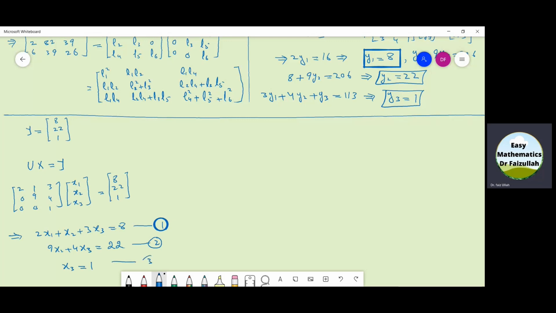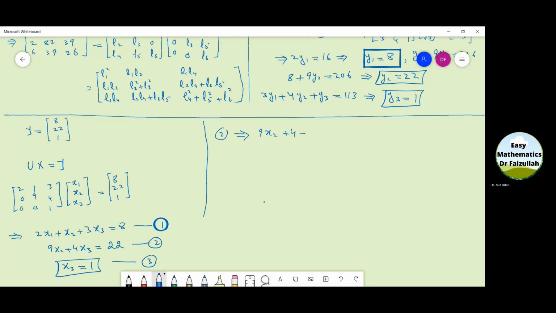Let us say this is equation number 3. So now from 3, we have the value of x3. Therefore, putting this value in 2, we have 9x2 plus 4 is equal to 22. And if we further simplify this, we get x2 is equal to 2.